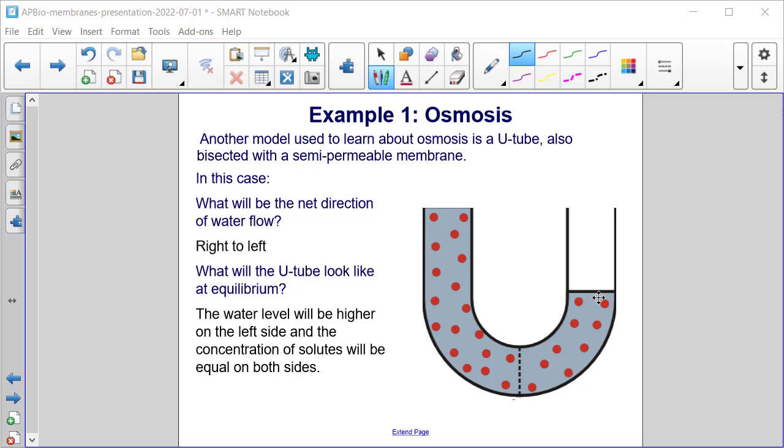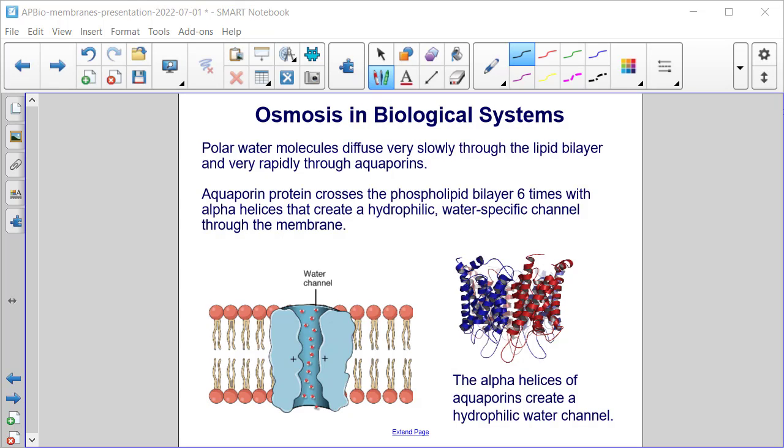The water will flow from the right to the left because we had more solute particles on the left. And at equilibrium, the water level will be higher on the left side and the concentration of solutes will be equal on both sides.